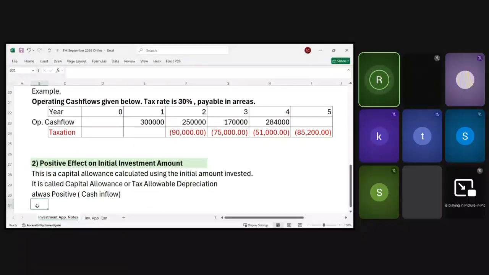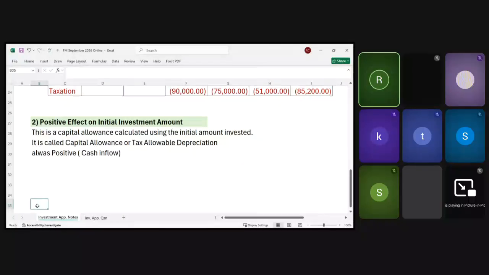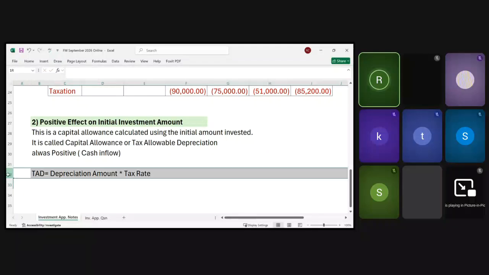How then do we calculate the tax allowable depreciation formula? TAD, for tax allowable depreciation, is equal to depreciation amount multiplied by tax rates. So that is how we can calculate the TAD, which is positive.